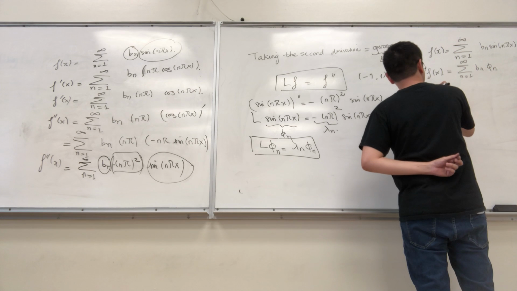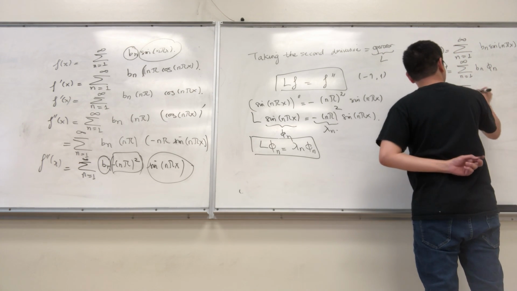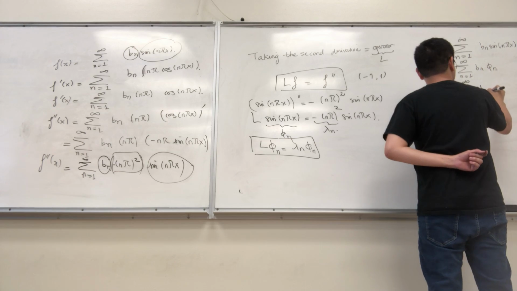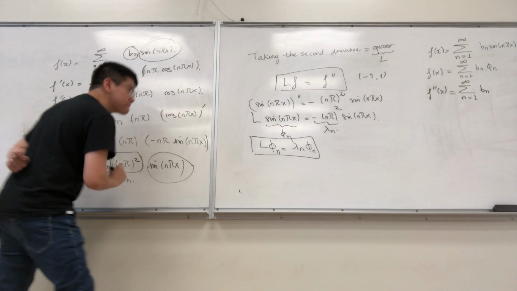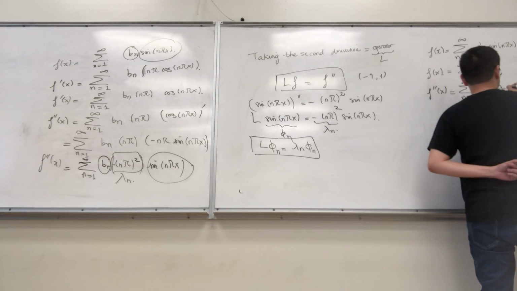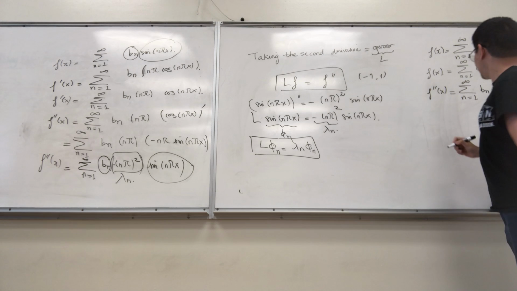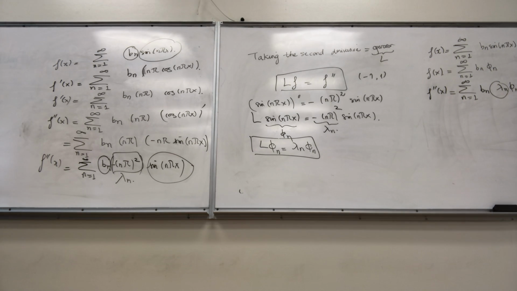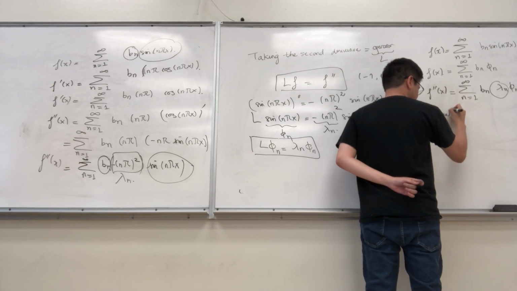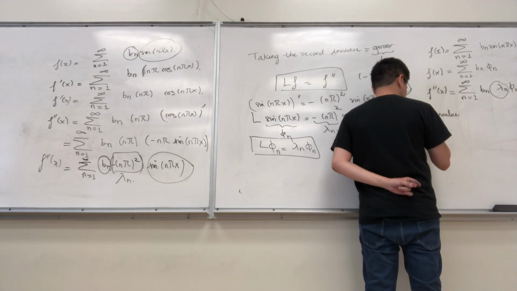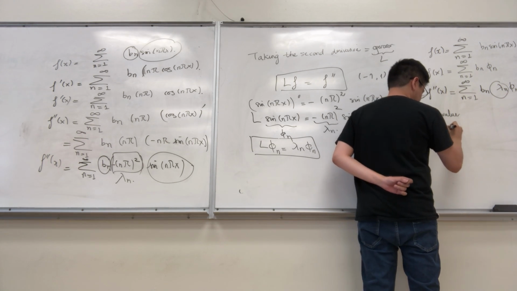So I get the same thing except an extra factor, which is lambda n. So this is the extra factor that we have after the second derivative, right? Which means that lambda n is called the eigenvalue, and phi n is the eigenfunction.